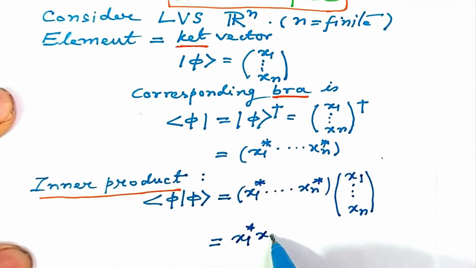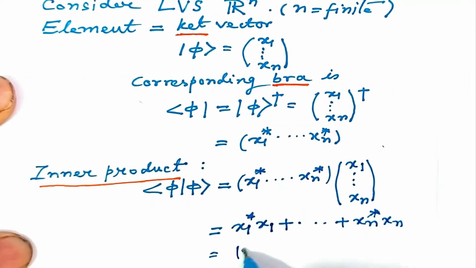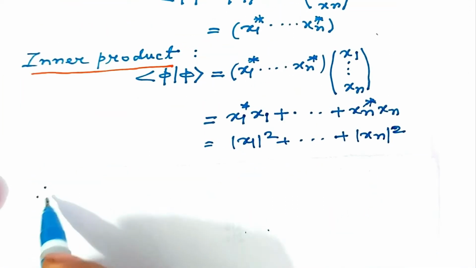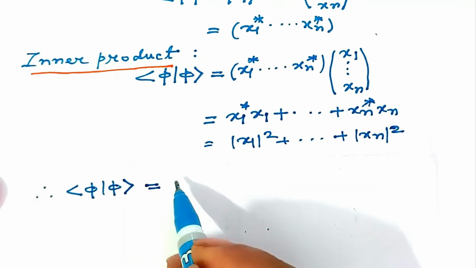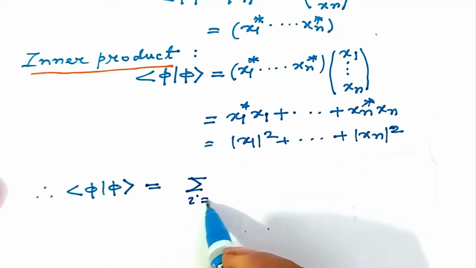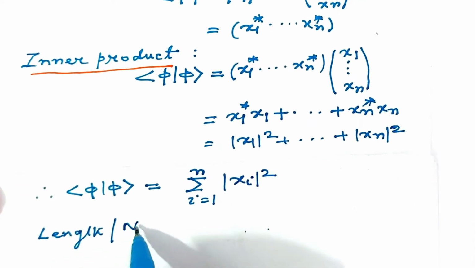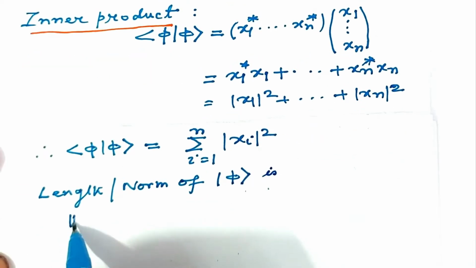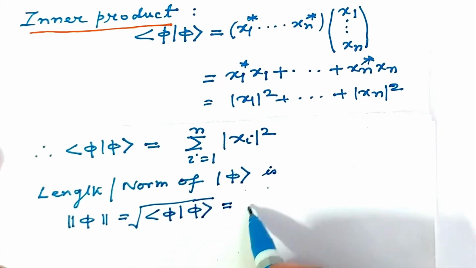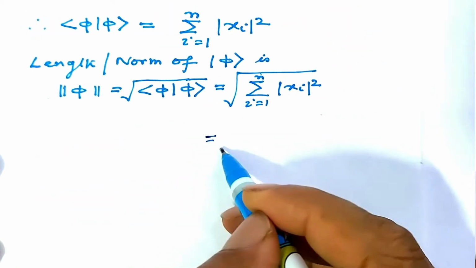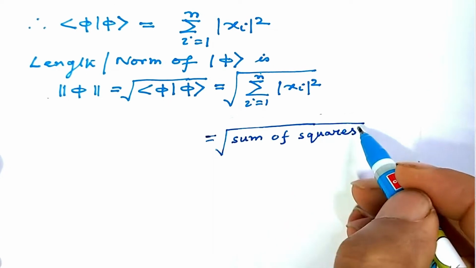And this generates a number mod x1 square up to mod xn square. Now bra phi ket phi equal to summation over i mod xi square. The length or norm of phi is given by under root sum of squares.